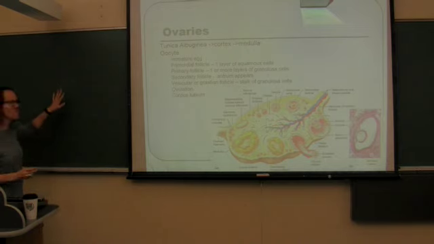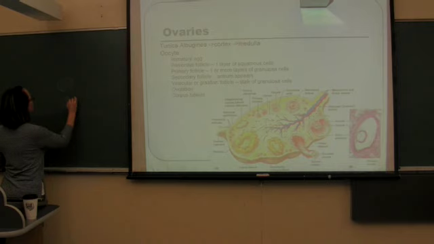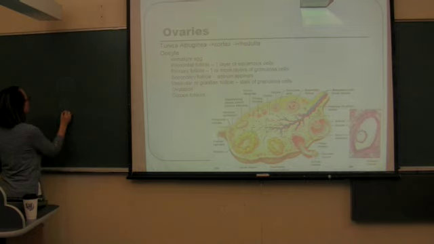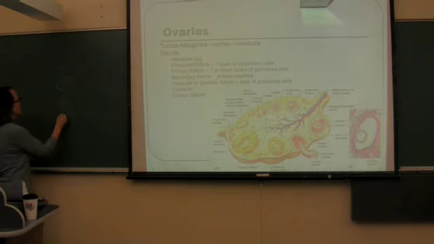Okay, primary, you start to get more cube-shaped cells that are thicker and bigger than those squamous cells. And you may have two layers or so, all the way around it.